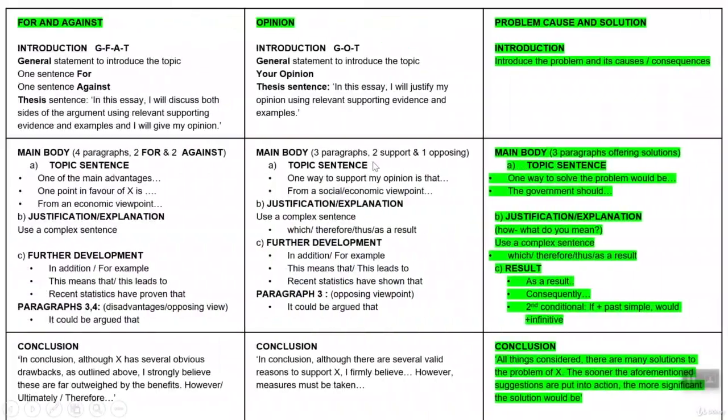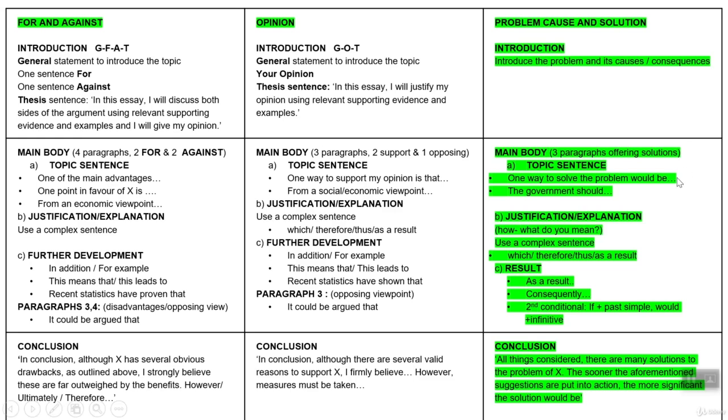Now we're going to look at an easy to follow structure for a problem and solution essay. Let's look at the outline for a problem and solution essay. As you can see, there are 5 paragraphs. It begins with an introduction where you introduce the problem and its causes and consequences.